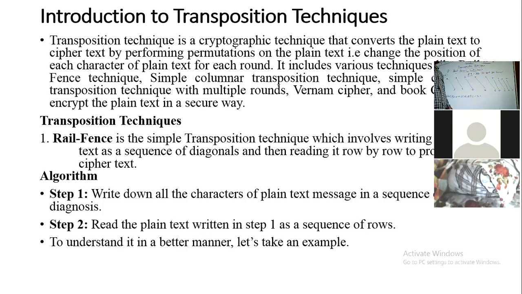In this way, you will convert the plain text into the ciphertext by using the concept of rail fence. In rail fence technique, we write the plain text in the form of diagonals and read the letters row by row. Okay.